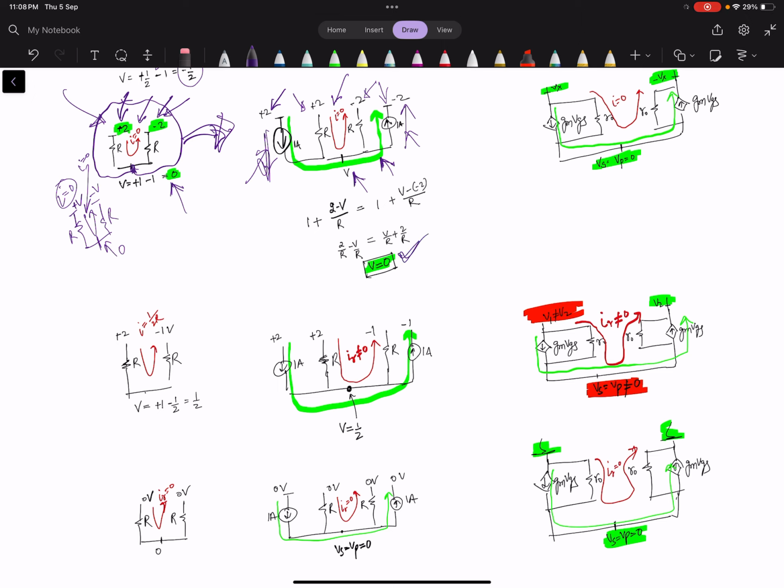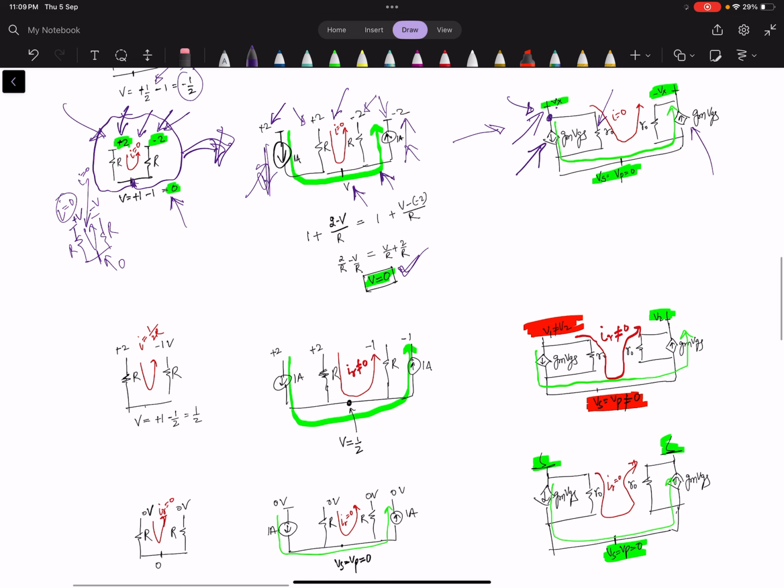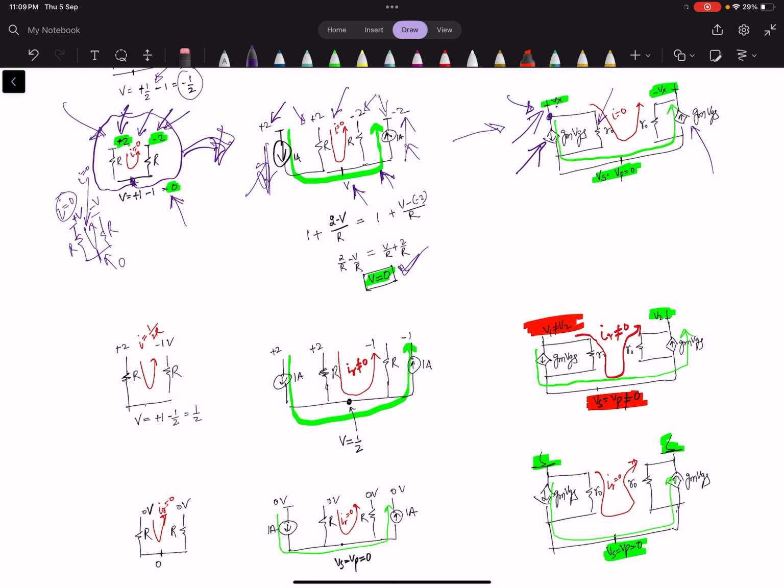Now we can see this figure in this way also: there is a current source, there is a resistance, and this voltage is the same for this current source and resistance, that is Vx. Similarly here is the current source, but the direction of the current is opposite, in this direction, on the right side.